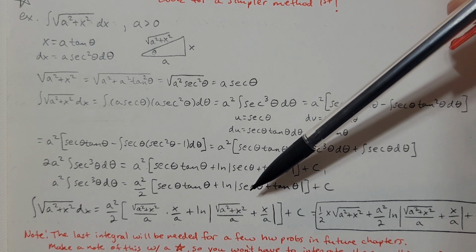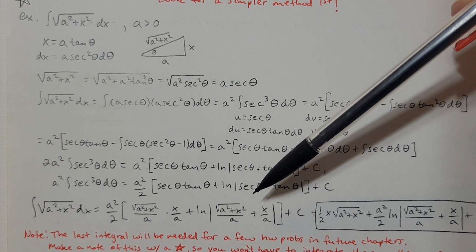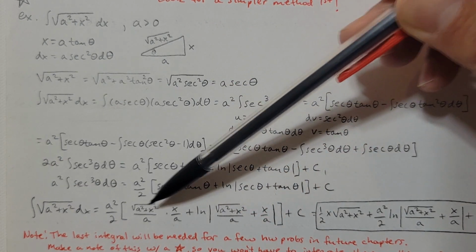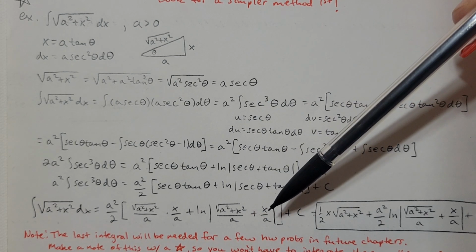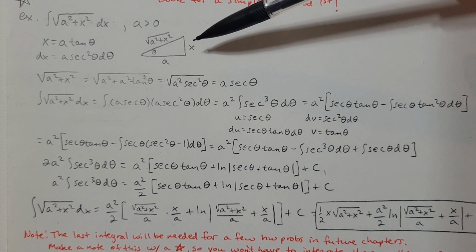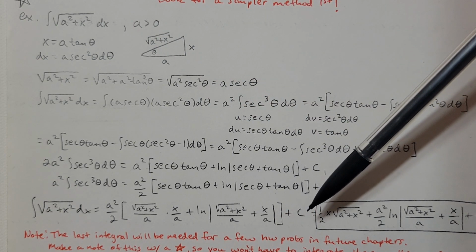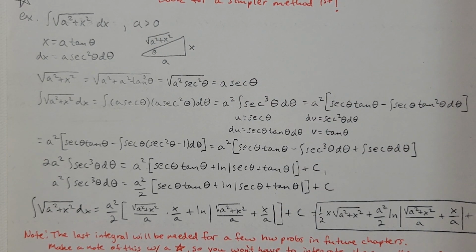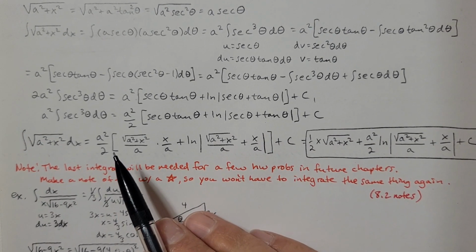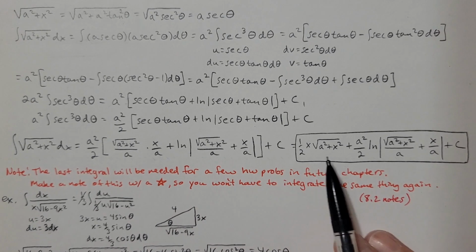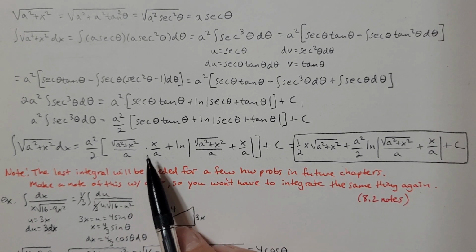Well, secant theta is, again, hypotenuse over the adjacent side. And then plus tangent theta is opposite over adjacent, plus the constant. So when I distribute a squared divided by 2 into these parts, the a squares will cancel out on the first part.